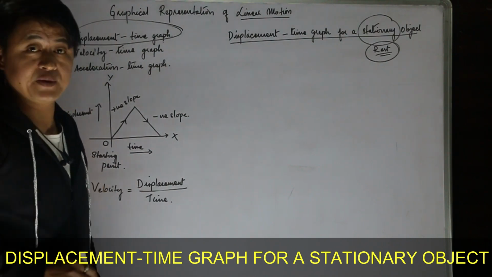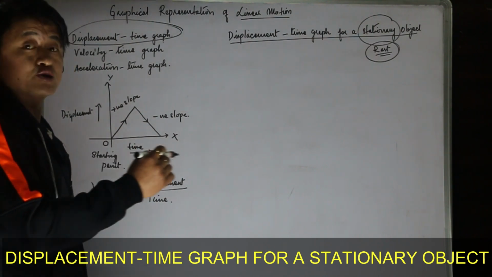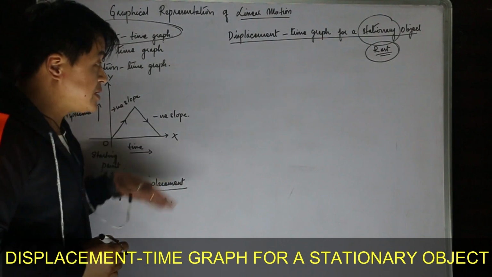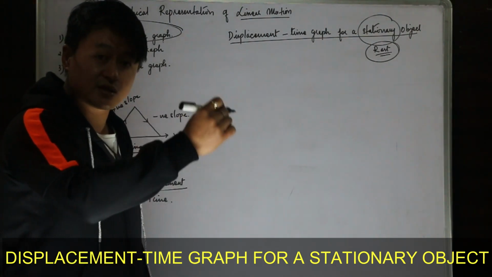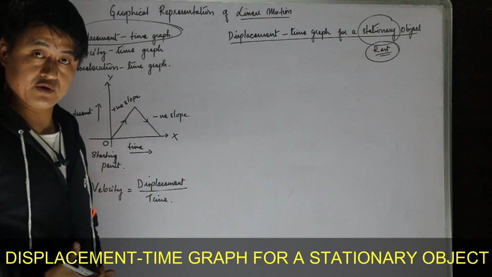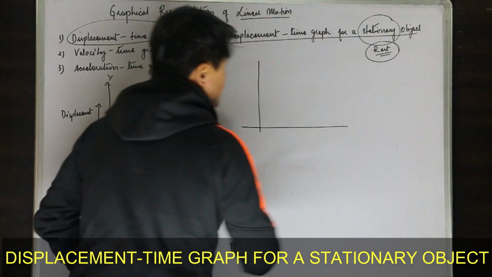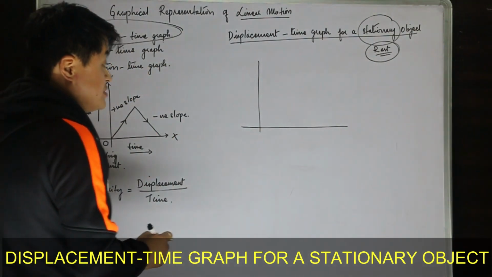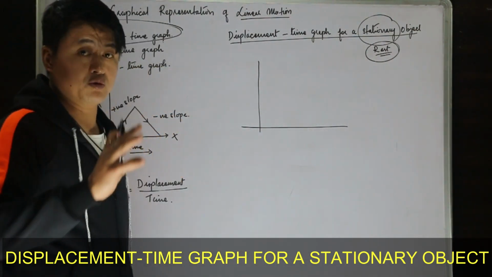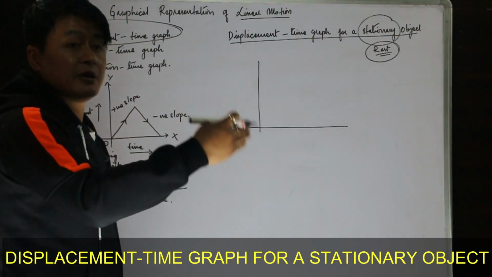Time will not be at rest; time will be moving on its own flow. It will be running. Every passing second, my position will not change. So when we draw the displacement time graph for a stationary object, the object will not move, but the time will be passing. Understood?